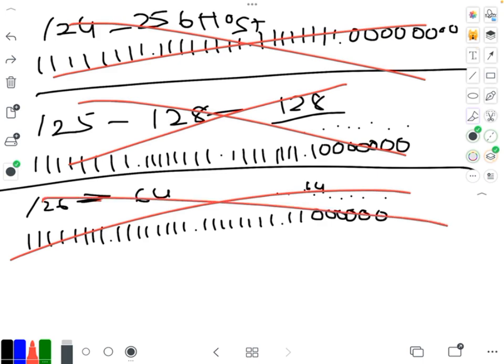As we can see here, this is also not the one we need. So let's keep on going.